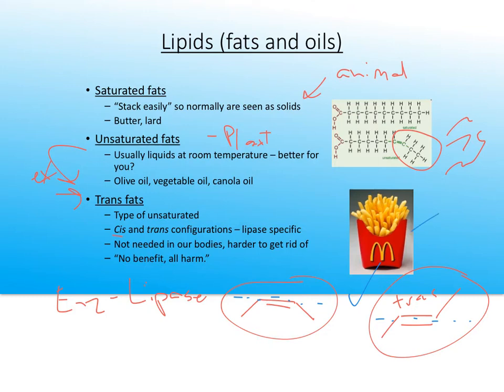But let's say you're frying those things in some fats that you rendered down and made unsaturated. Natural unsaturated fats look like this, and your body breaks them down. If you chemically synthesize unsaturated fats, they'll look like this. And your enzyme cannot break them down.